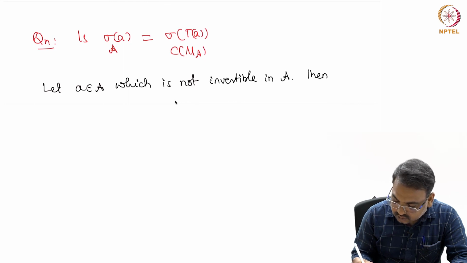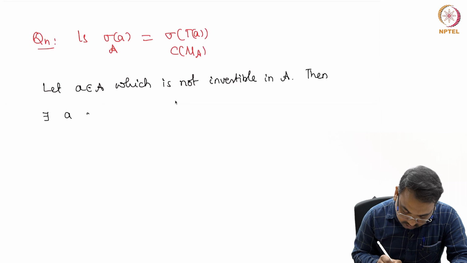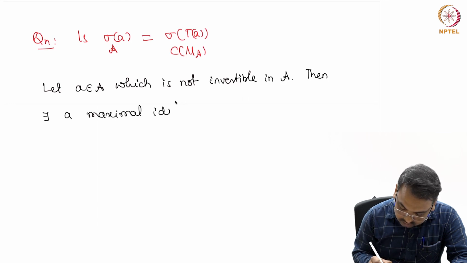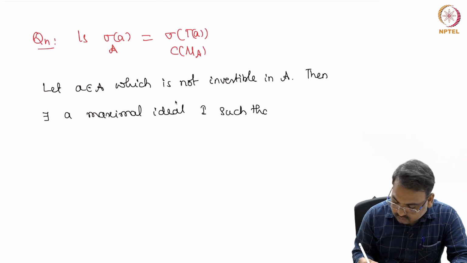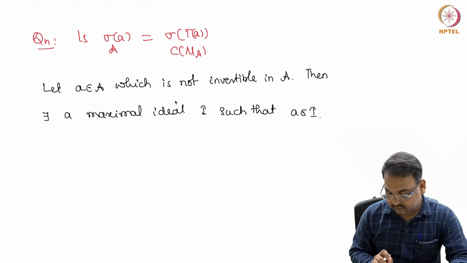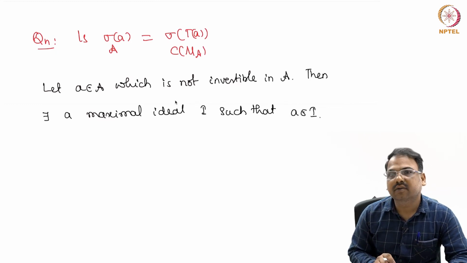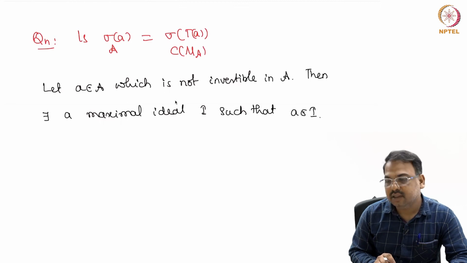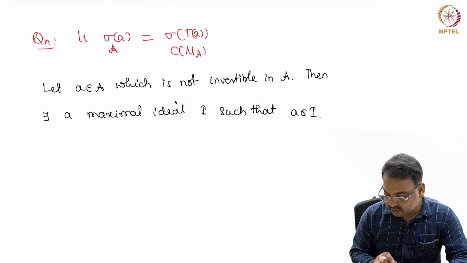Then there exists a maximal ideal I such that A is an element of I. But we have already established a one-to-one correspondence between maximal ideals and kernels of multiplicative linear functionals.